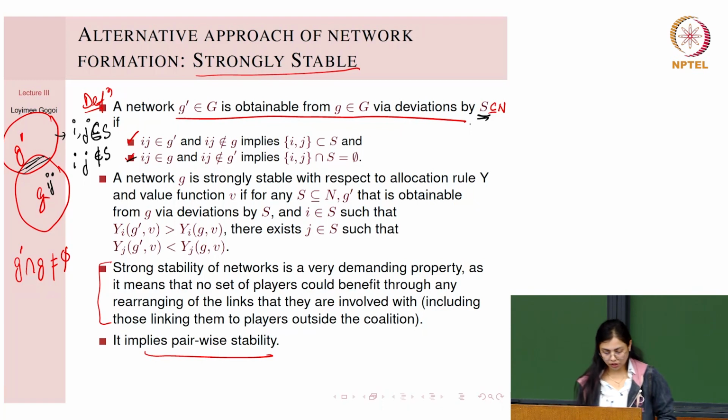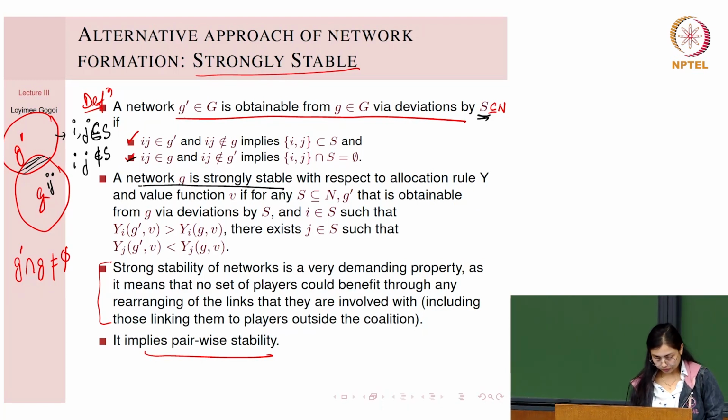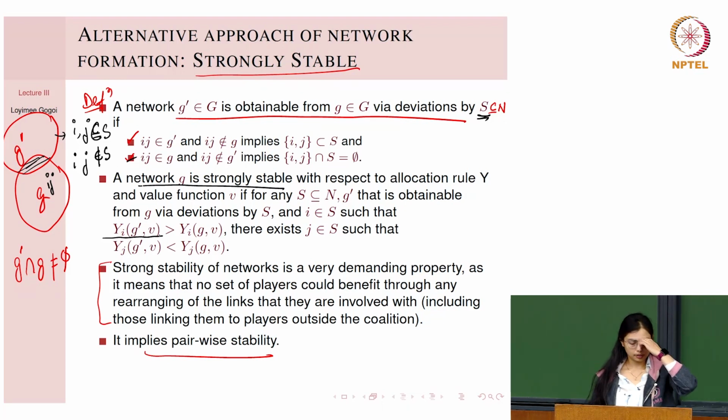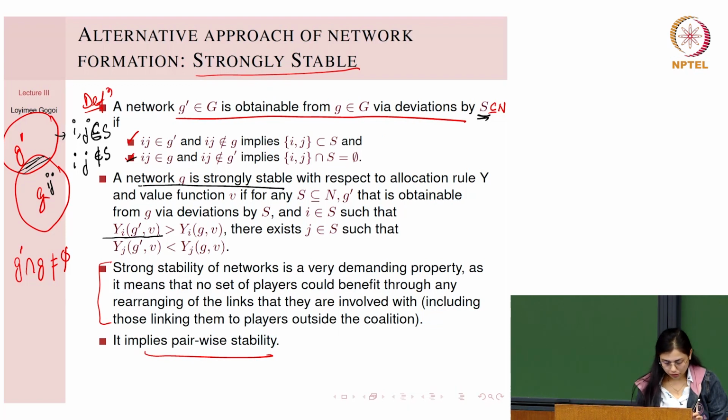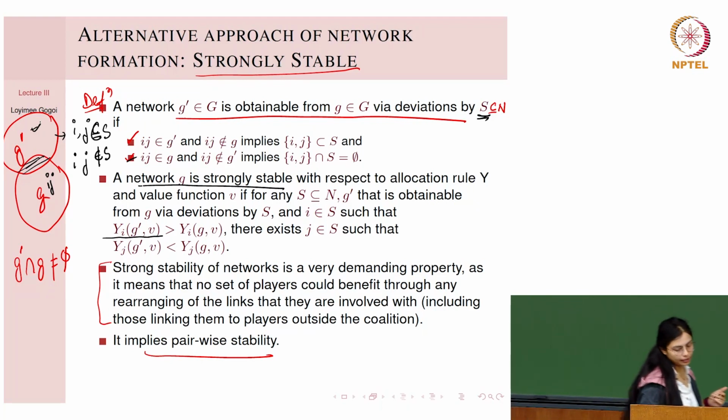So the second definition: a network is strongly stable with respect to Y and V only when, in G prime, there is one particular player who is benefited in G prime, but the other player is not benefited.